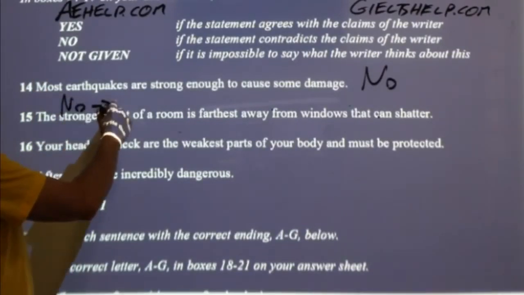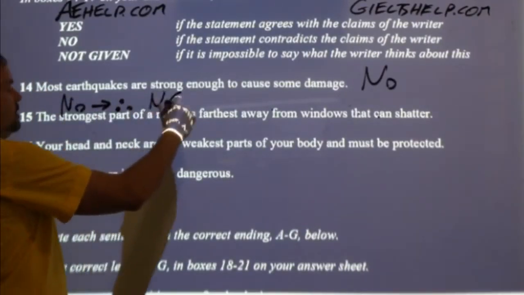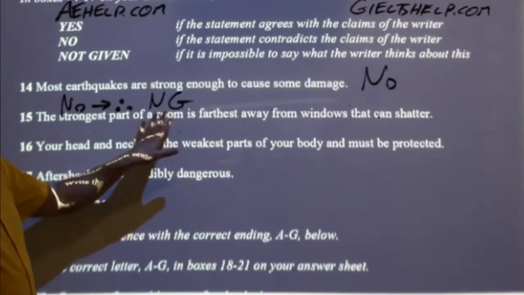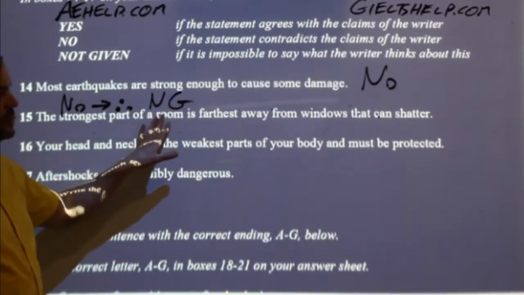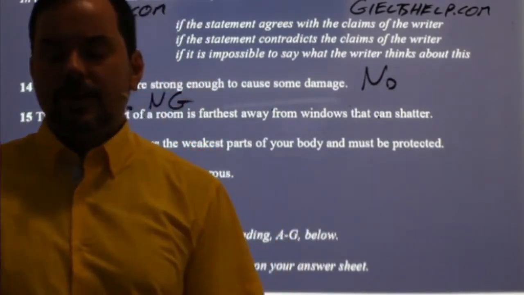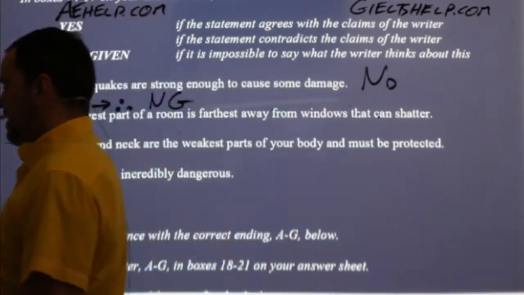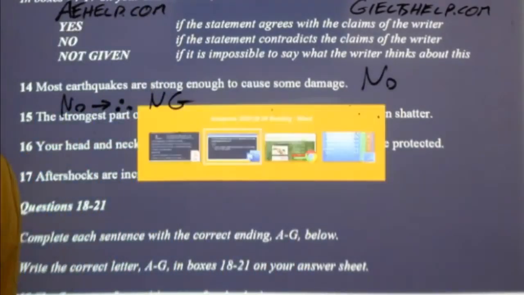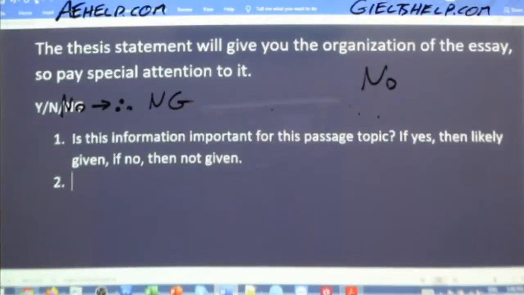So, therefore, it's not given. One way that you can figure out not given answers is when they're awkward and untrue. Okay? So, here's a little bit of a tip that I haven't given you before, and you'll see these types of statements in the true, false, not given, or the yes, no, not given.